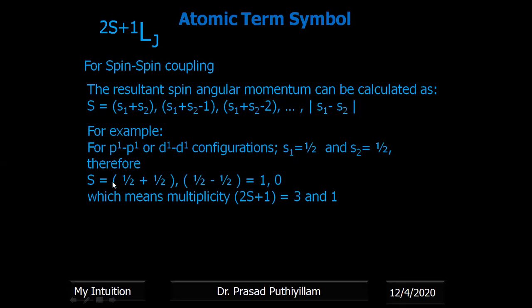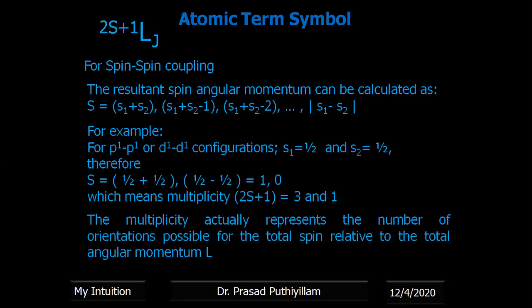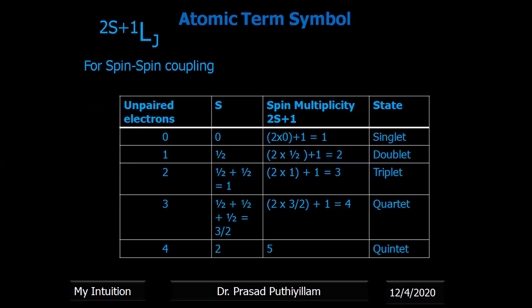Therefore S can be calculated as half plus half, half minus half, that is 1 and 0. Which brings us to the multiplicity: 2S plus 1 is the spin multiplicity. 2S plus 1 is equal to 3 and 1. The multiplicity actually represents the number of orientations possible for the total spin related to the total angular momentum L.